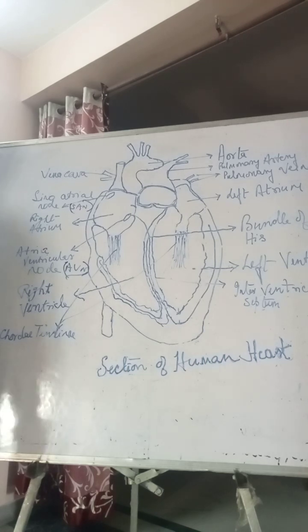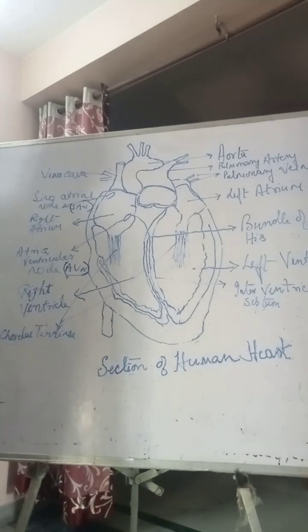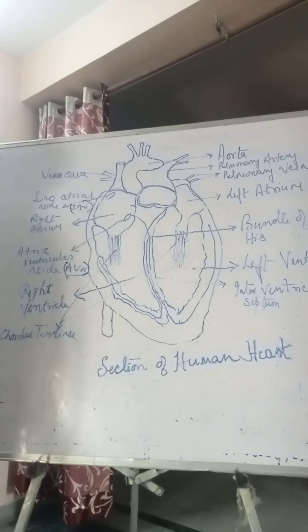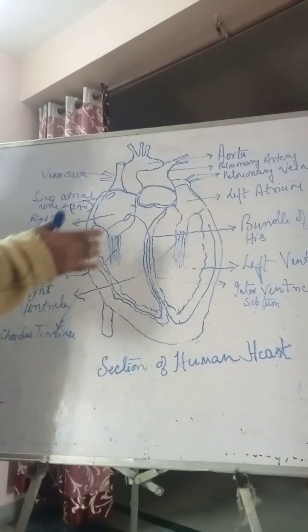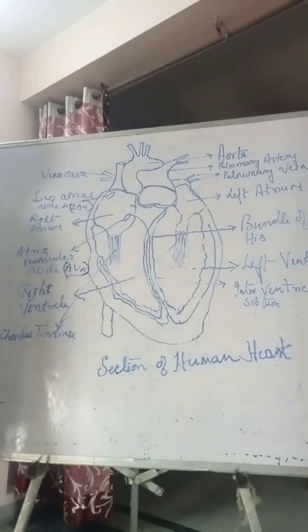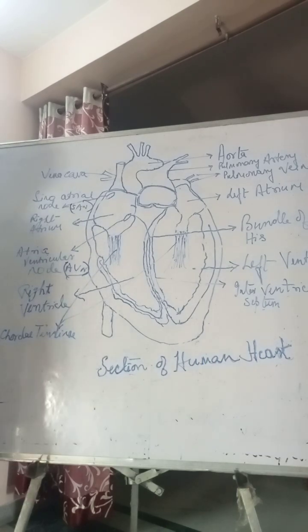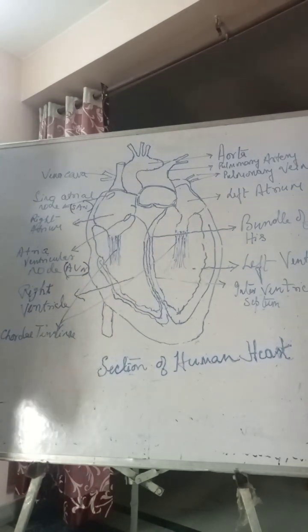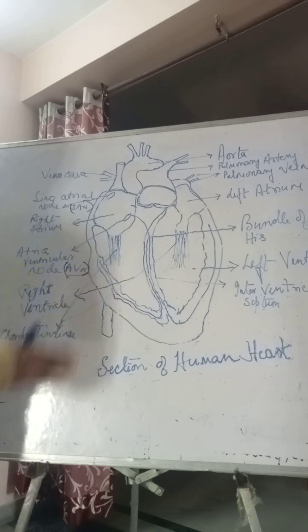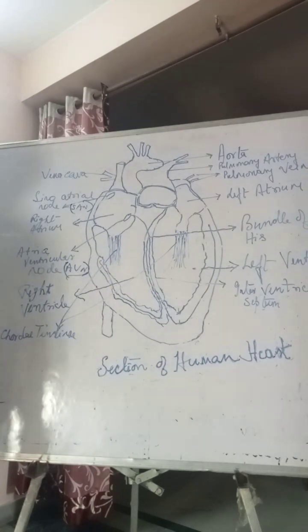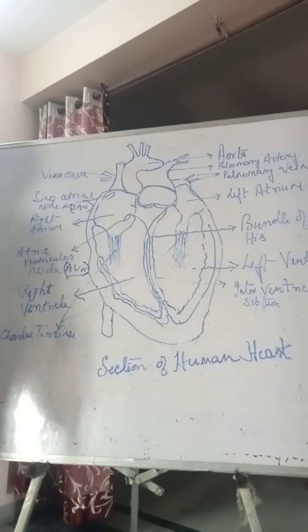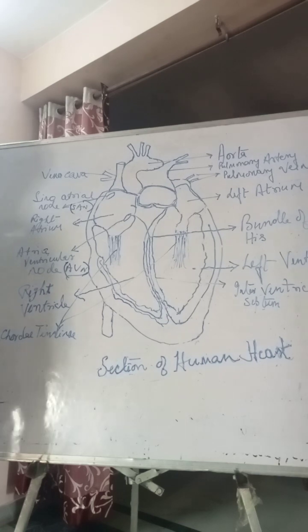So the semilunar valves will open and they will pump the blood out from the left ventricle to all body parts, as I said just now, through the aortic semilunar valve. And from the right ventricle, when the pulmonary semilunar valve opens, the blood will go to the lungs for oxygenation.